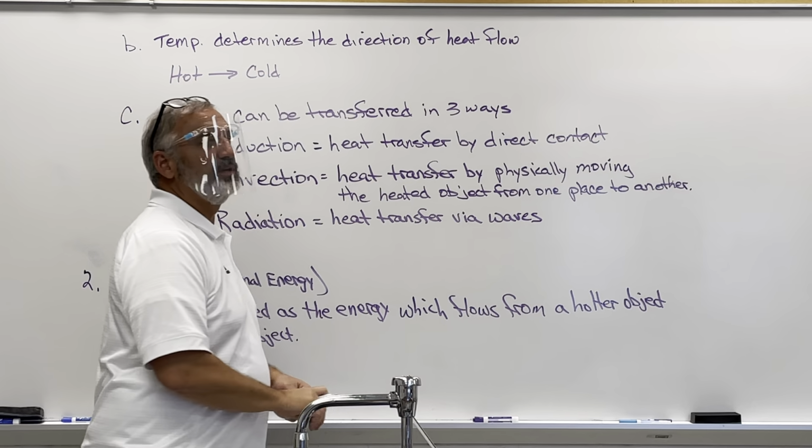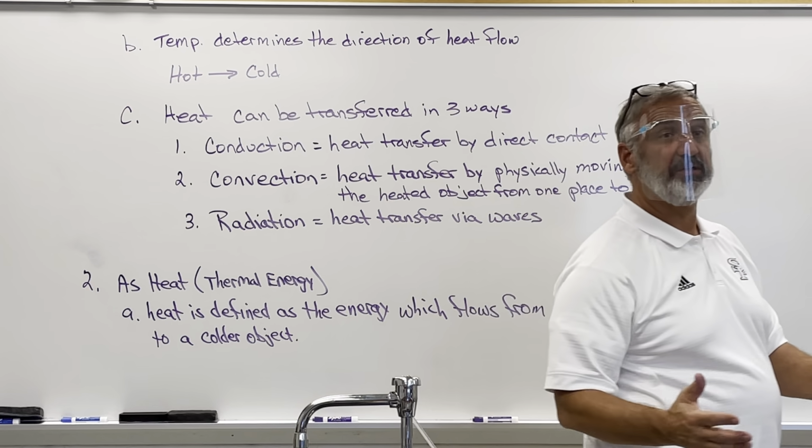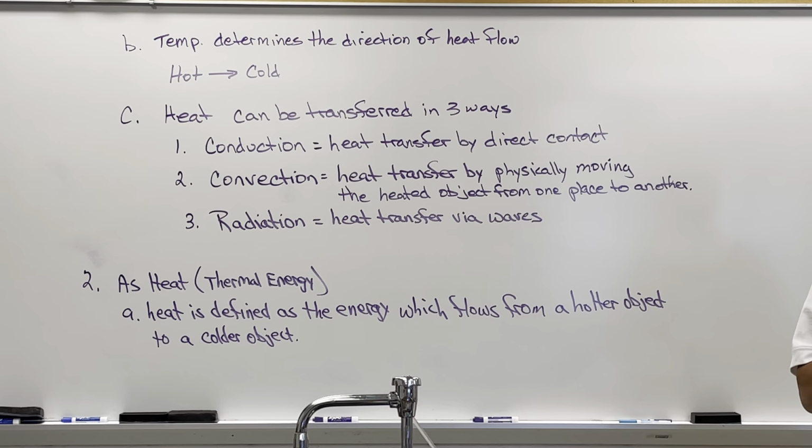Okay? So your car has a radiator, right? Everybody knows that you have a radiator, it's got to have the water and the antifreeze in it. But the radiator is always made out of some metal, usually aluminum, and it's got a bunch of fins on it. And those fins have a lot of surface area.